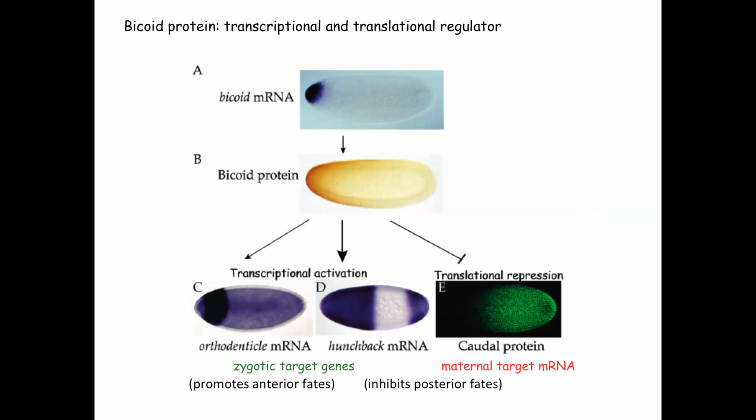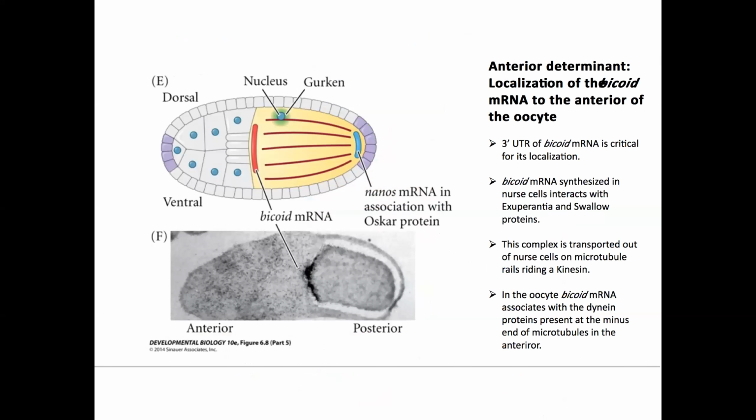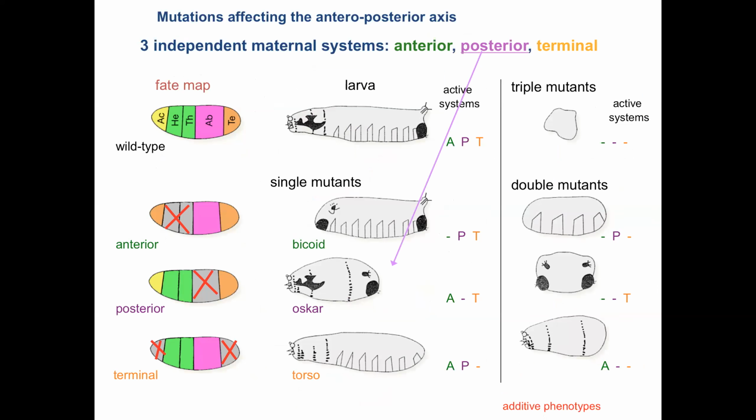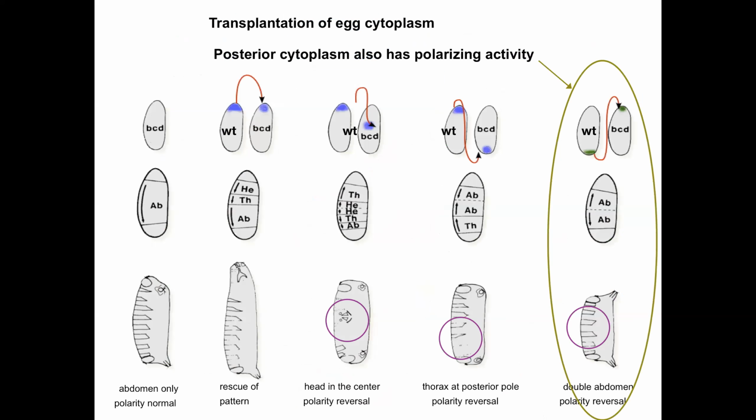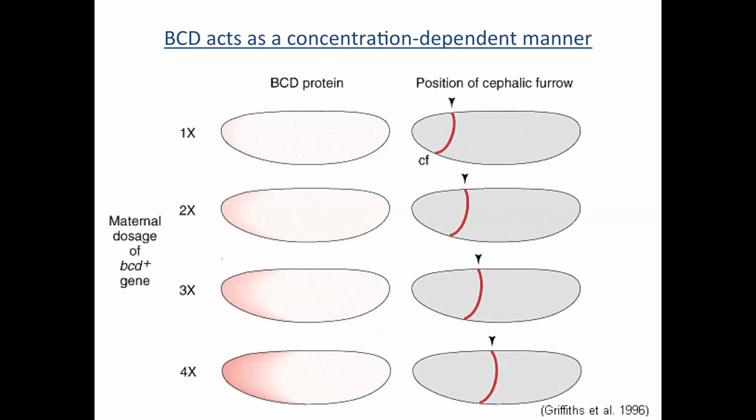Okay, so I will stop here today. Essentially what we have tried to understand is, how does a gradient define identity? How does the gradient define polarity?